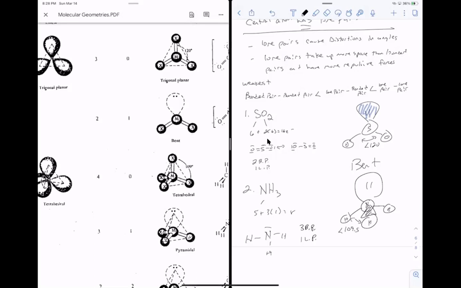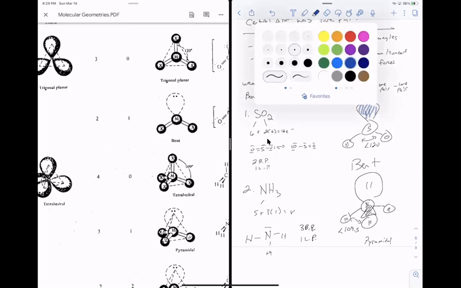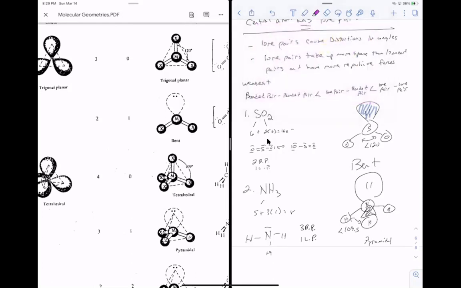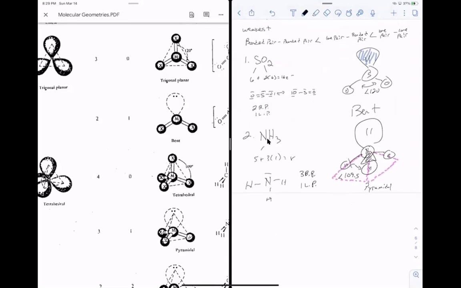Now that there is distortion, it's less than 109.5, and this is a pyramidal structure as the structure itself takes on a pyramidal shape.